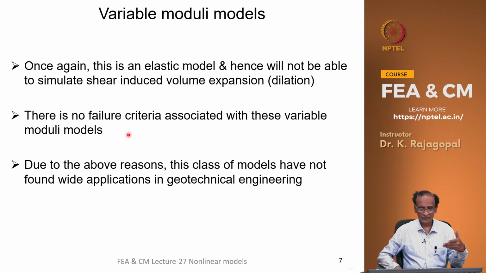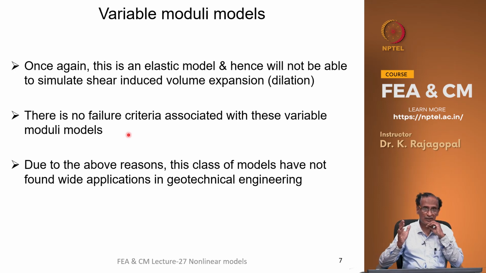Because of these reasons, mainly because there is no failure criterion that any geotechnical engineer can easily appreciate. If it is a Mohr-Coulomb model, every geotechnical engineer will know. If you give the C and phi, then we can know what type of soil we are dealing with.